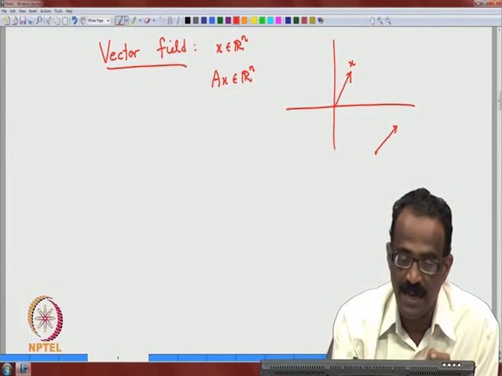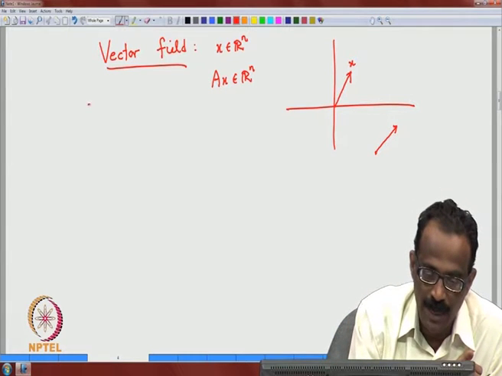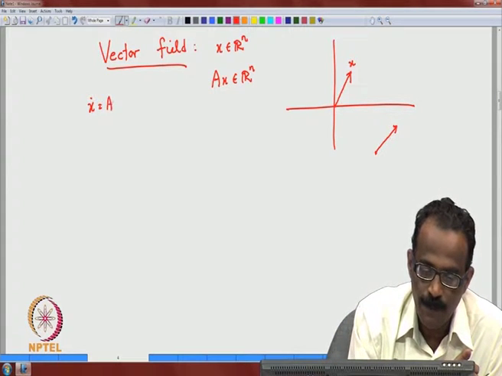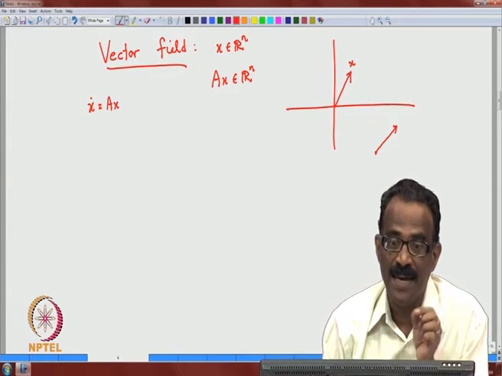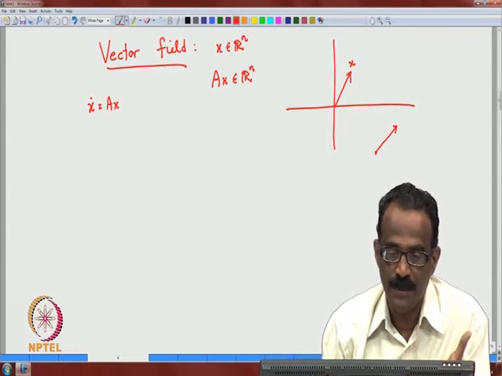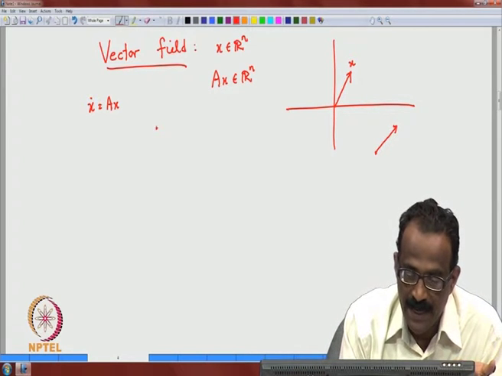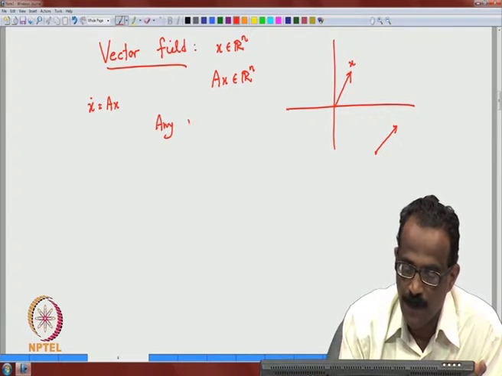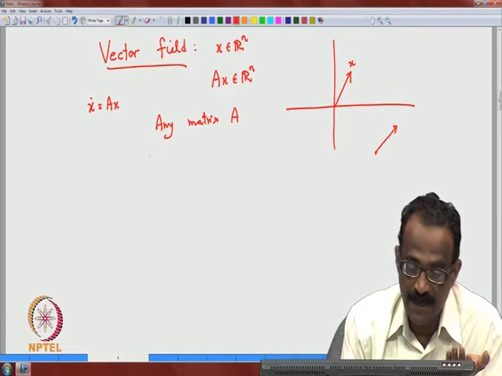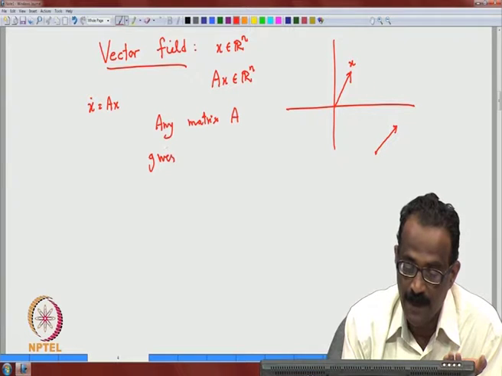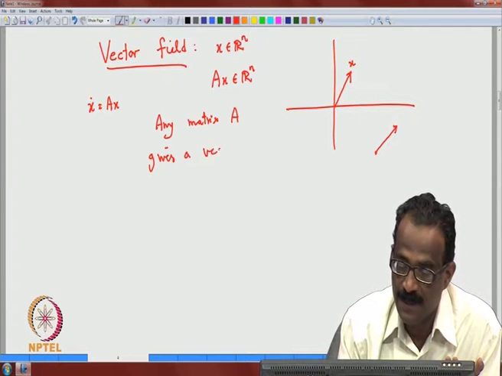So, when you are given a dynamical system x dot equal to Ax, x(t) you view as a position and Ax you view as a vector. That way any matrix A gives a vector field structure in Rn.